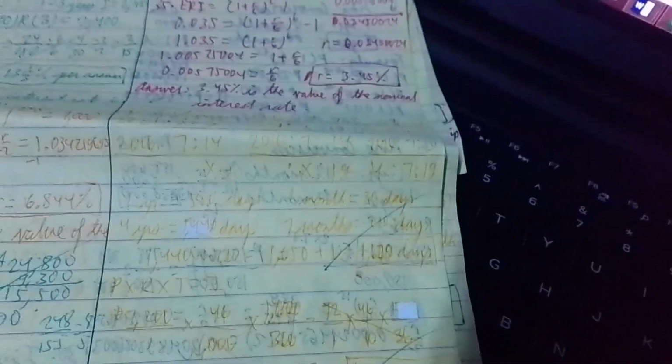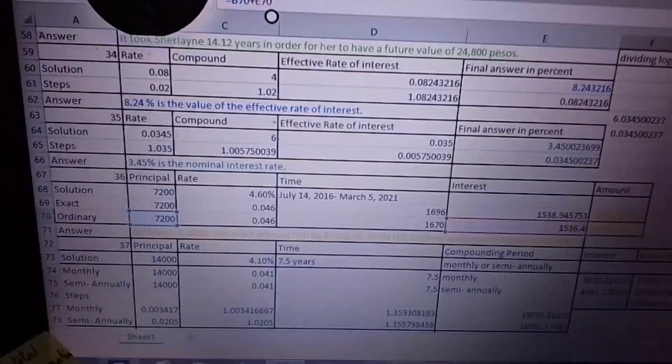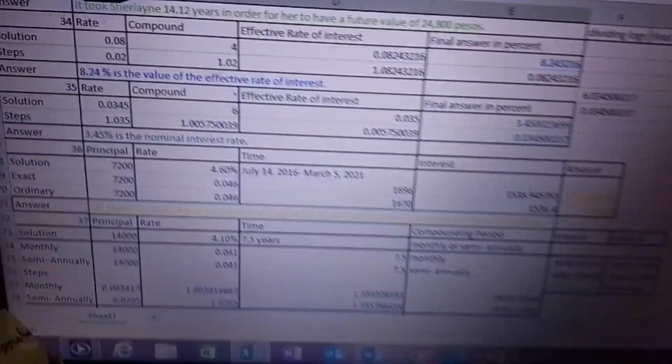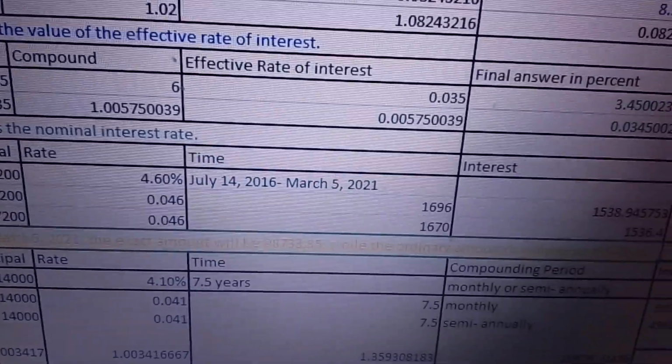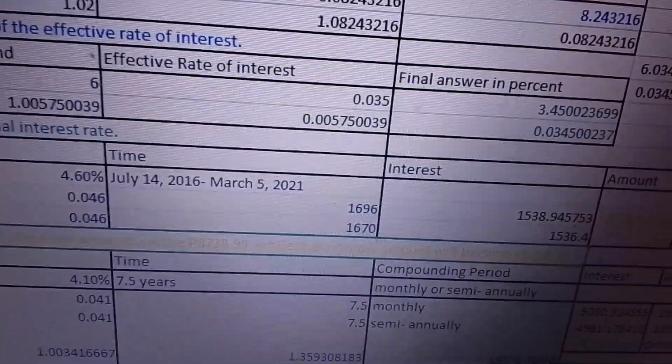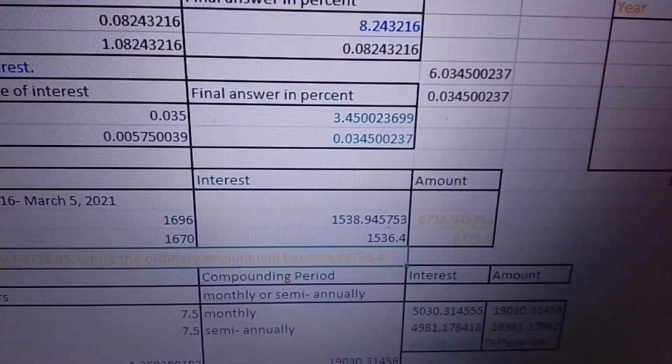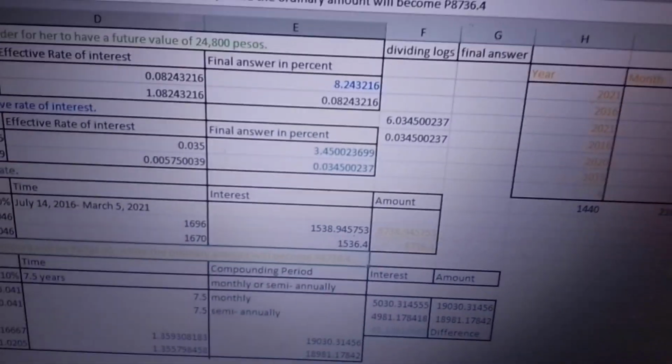But it's asking for the exact and the ordinary amounts, and therefore we add so that we can get the amounts. Same here. We had to get the amounts. The final answer is, on March 5, 2021, the exact amount will be 8,738.95 pesos, while the ordinary amount will be 8,736.4 pesos.